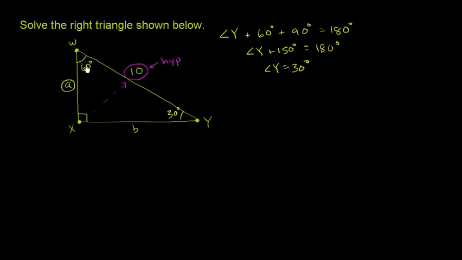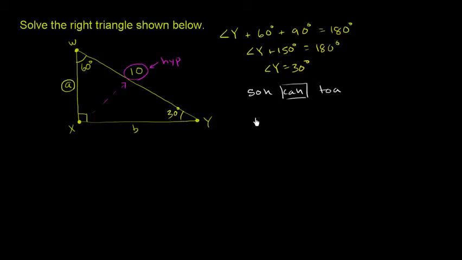So what trig function deals with adjacent and the hypotenuse? Well, to remember, let's rewrite SOHCAHTOA. Cosine deals with adjacent and hypotenuse. Cosine of an angle is equal to the adjacent over the hypotenuse.